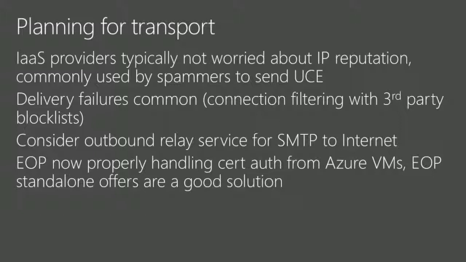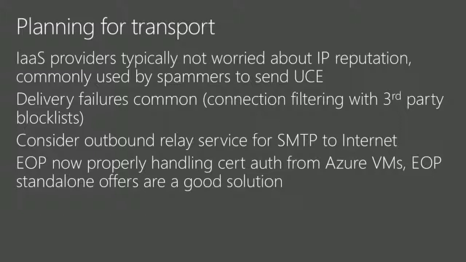There's a way around this, though. The best practice here is to look at options for routing your traffic through an outbound relay service, one of which is provided by Microsoft. You can use EOP for this, right? You can perform certificate authentication against EOP on an outbound connector and use EOP standalone, essentially, to handle delivery of your mail.